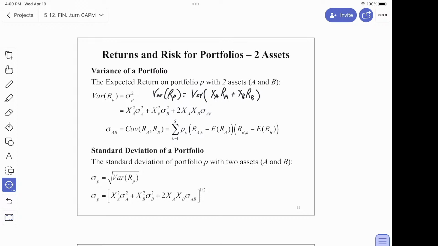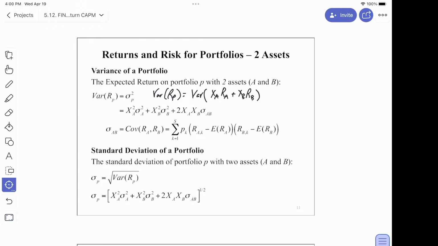So unlike the expected value, it's not simply the weight times the variance of A plus the weight times the variance of B. First off, there's another piece here. And second, it's not just the weight. I have to square the weight. Why is that?